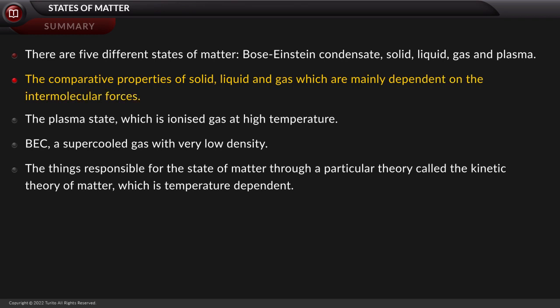Then, we saw the comparative properties of solid, liquid, and gas, which are mainly dependent on the intermolecular forces. Then, we moved on to the plasma state, which is ionized gas at high temperature. And then, we saw BEC, a supercooled gas with very low density. Finally, we studied the things responsible for the state of matter through a particular theory called the kinetic theory of matter, which is temperature dependent.